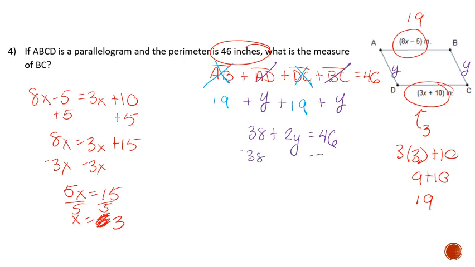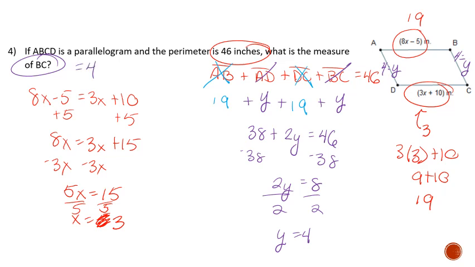After I subtract 38 from both sides, I end up with 2Y equals 8. Divided by 2, I have Y equals 4. So the final length of my sides in my figure will be 4 for AD and for BC. So BC, if we look back at our original question, is equal to 4.